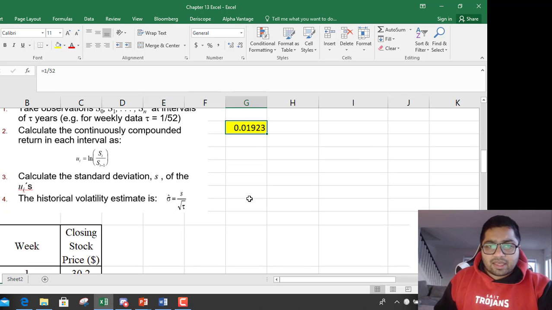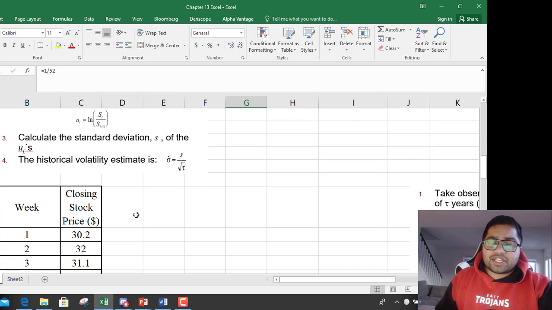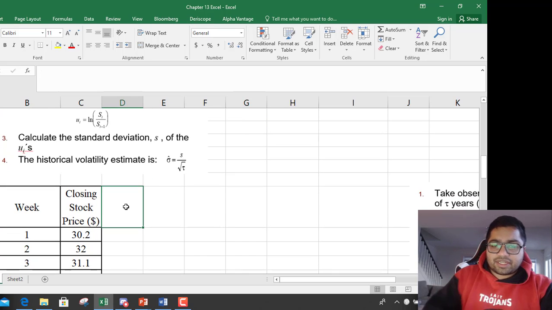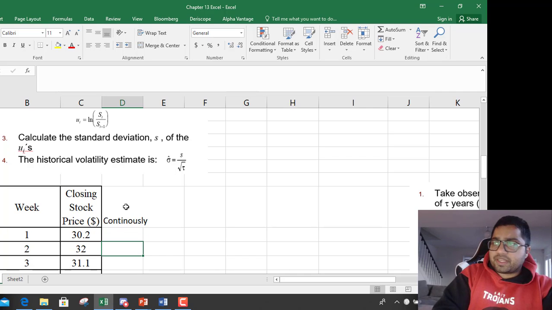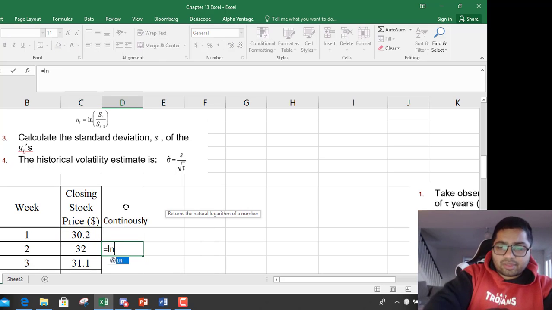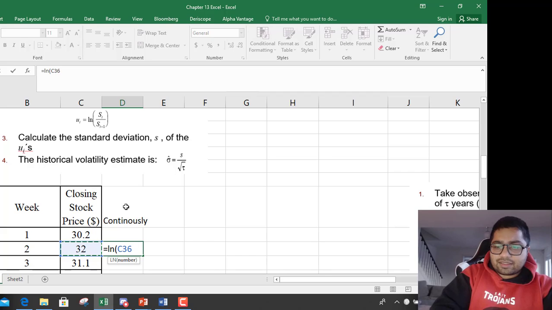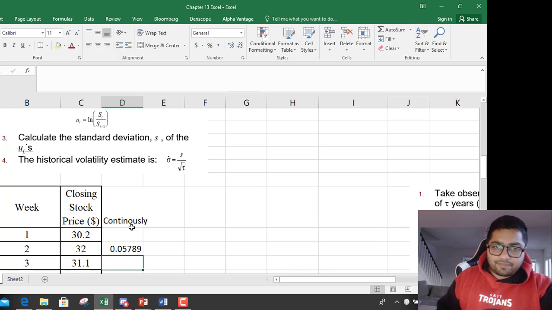Then calculate continuously compounded returns. So continuously compounded returns are given by, so first period there isn't any return because you're just starting. Second period it will be log normal, this divided by the previous value.